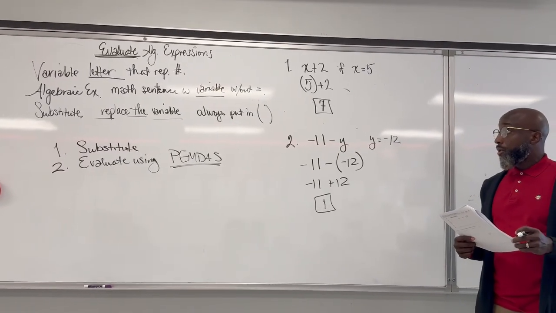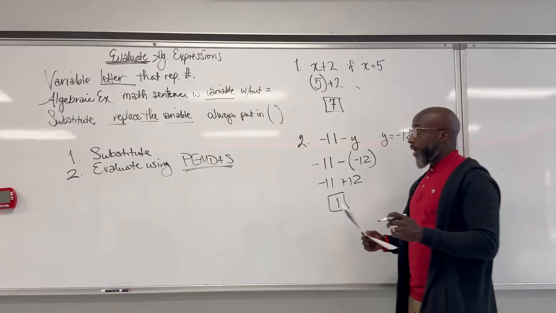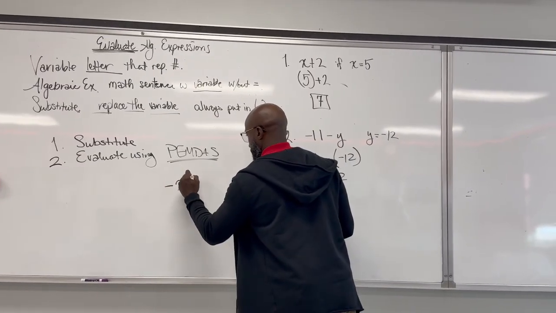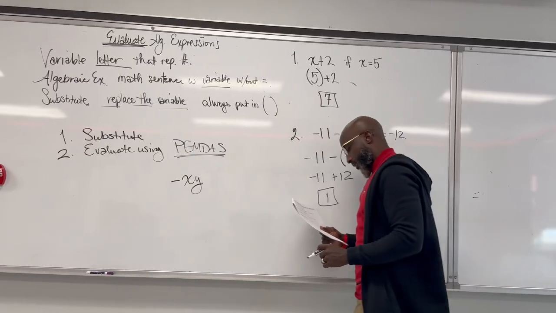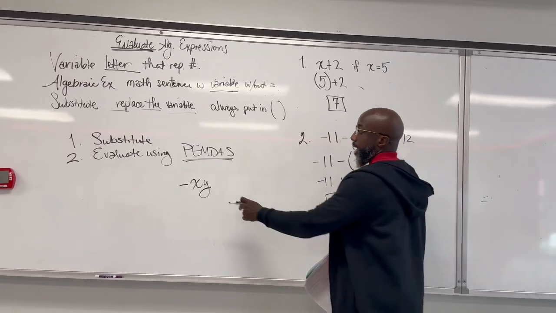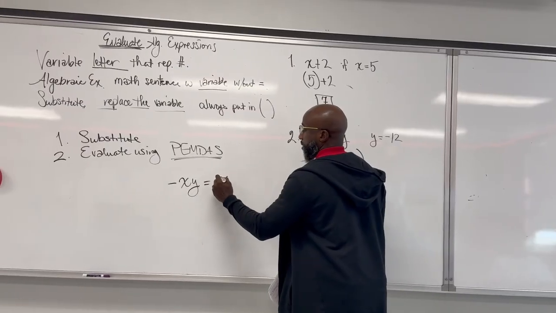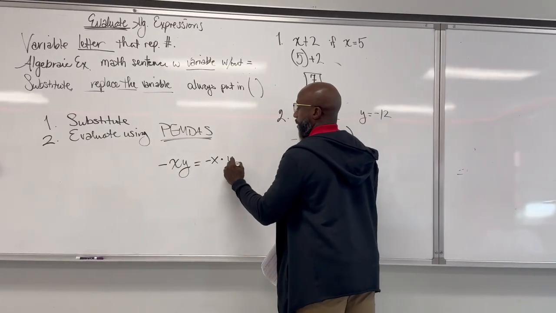Let's look at this next example. What I want you all to understand here is that in this example, we have negative xy. When you have two variables next to each other, this is the same as x times y.